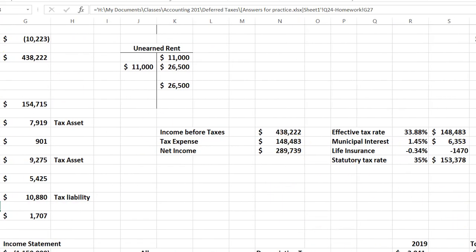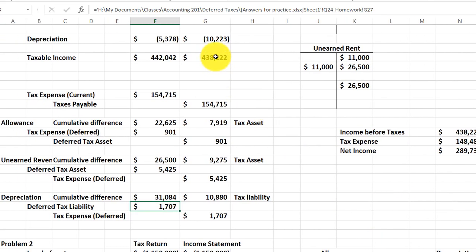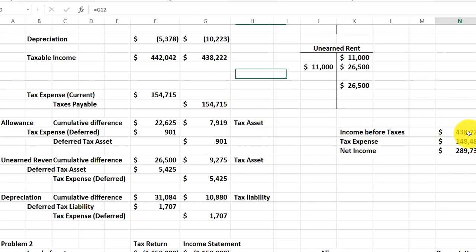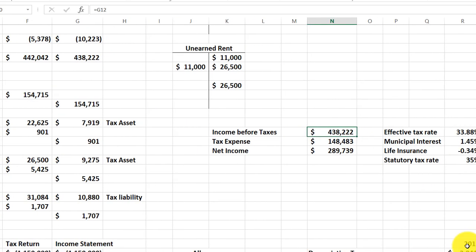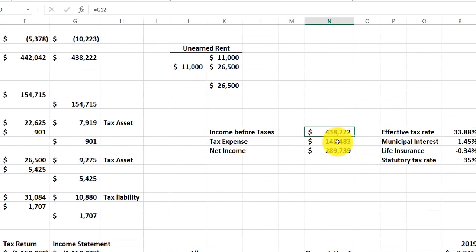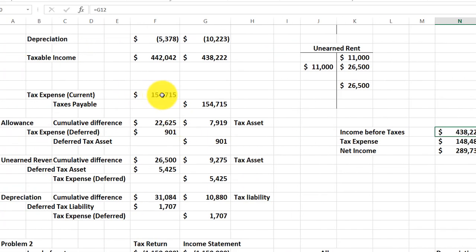So this number here that we calculated as our income before taxes is 438,222. The tax expense is the amount we recorded here, tax expense, plus what we recorded here, minus what we recorded here, minus what we recorded here.